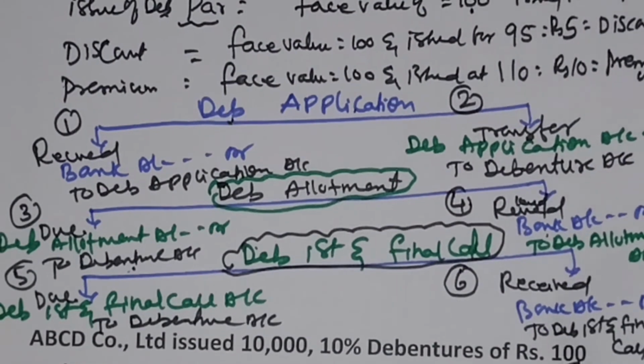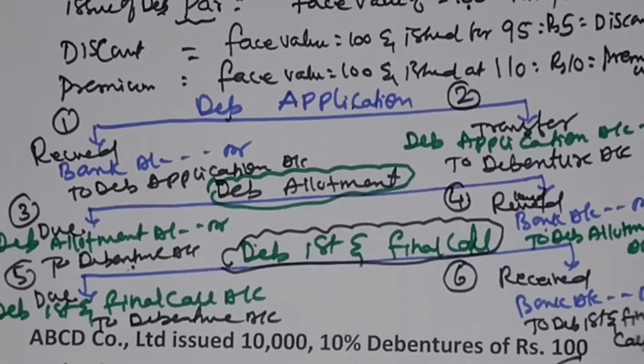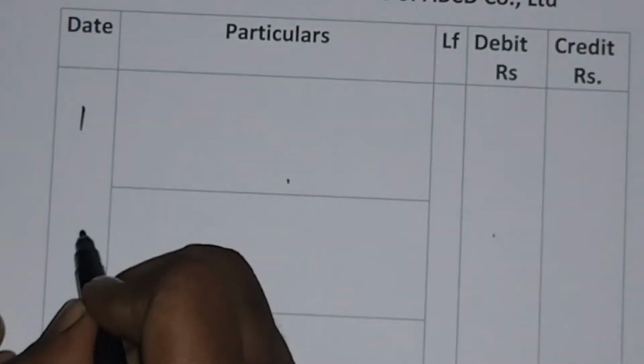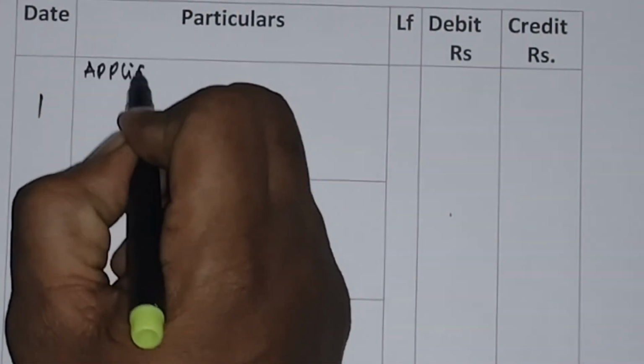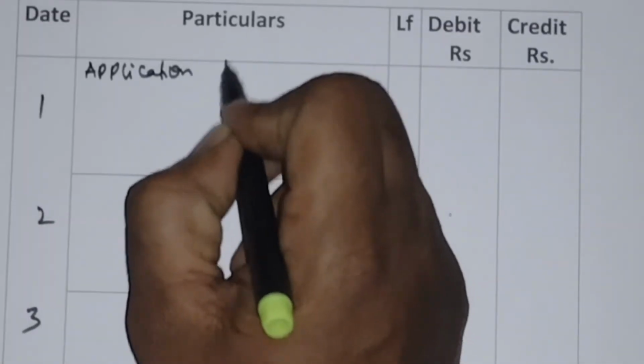After that let me write the amounts. Now you can see that 6 entries are there. The first one is application received.